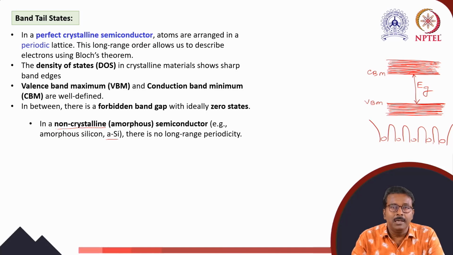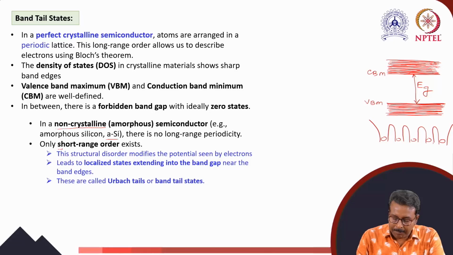So there are irregularities in the atomic array. And due to these irregularities or disorder, the band position will change from the crystalline semiconductor. And this will create states called band tail states. Why the term tail? I will explain.